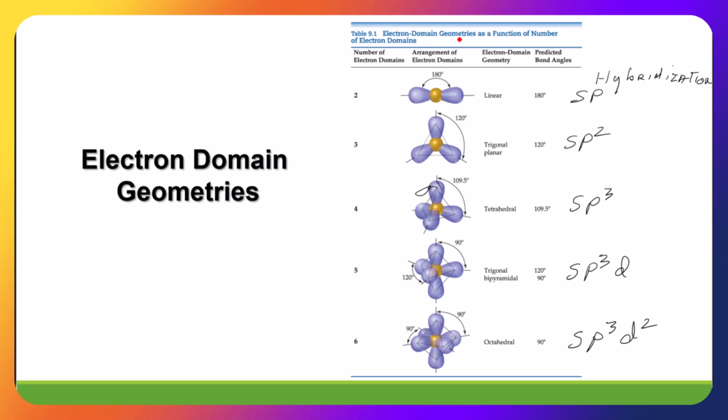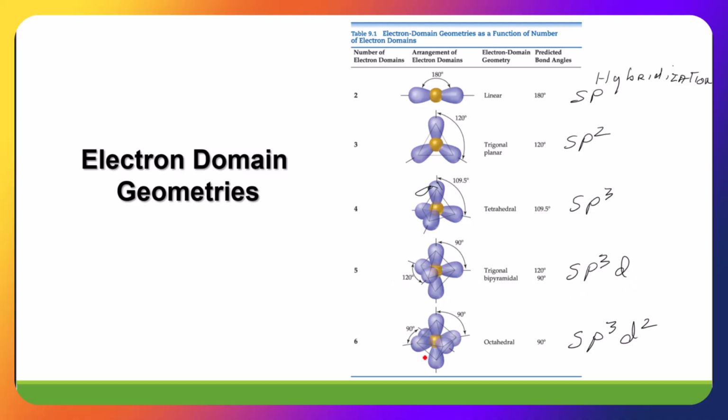Electron domain geometry is a function of the number of electron domains. This just goes 2 through 6. So there's really only 5 hybridizations that you need to remember. 2 electron domains, sp hybridization. 3 electron domains, sp2 hybridization. 4 electron domains, sp3. 5 electron domains, sp3d.